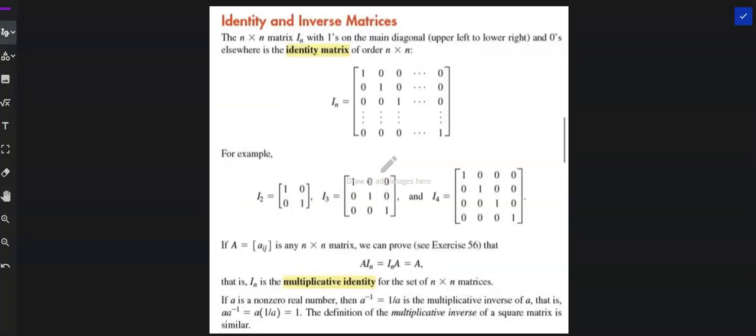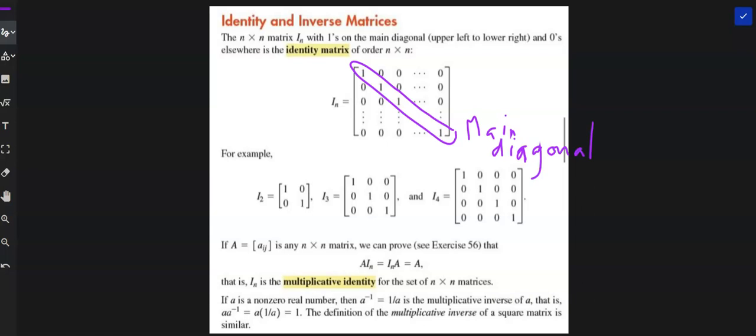Okay, the identity matrix. This is a very important concept. The identity matrix, first of all, this is called the main diagonal, from the upper left to the lower right.